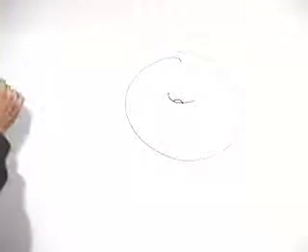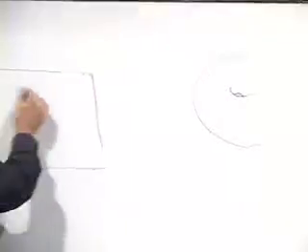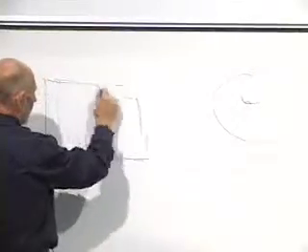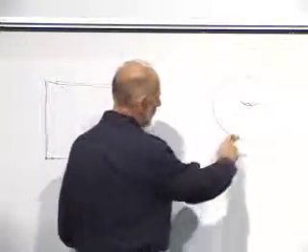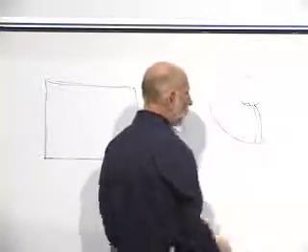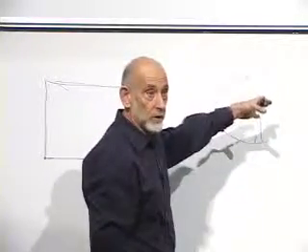But from a mathematician's point of view, what a torus is, you take a rectangle in space, and you identify the left edge with the right edge, and the bottom edge with the top edge. You can think of it as first cutting the torus. Imagine cutting the torus like that. Of course, we're talking about the surface of the torus.